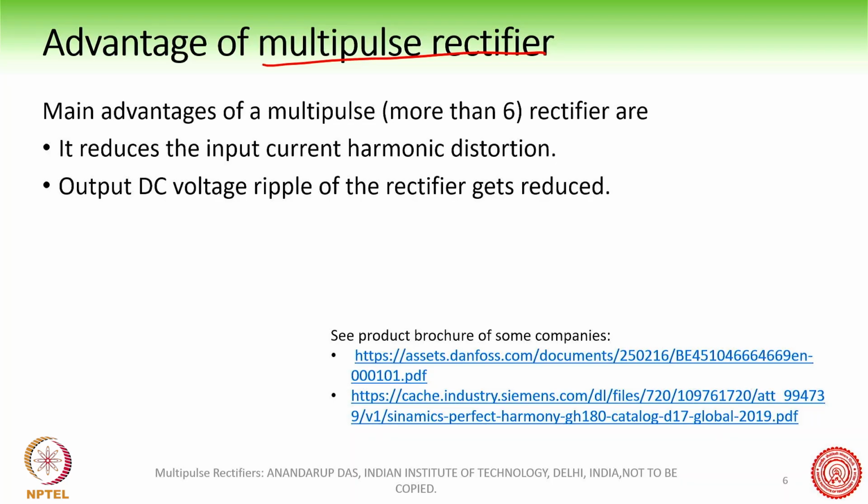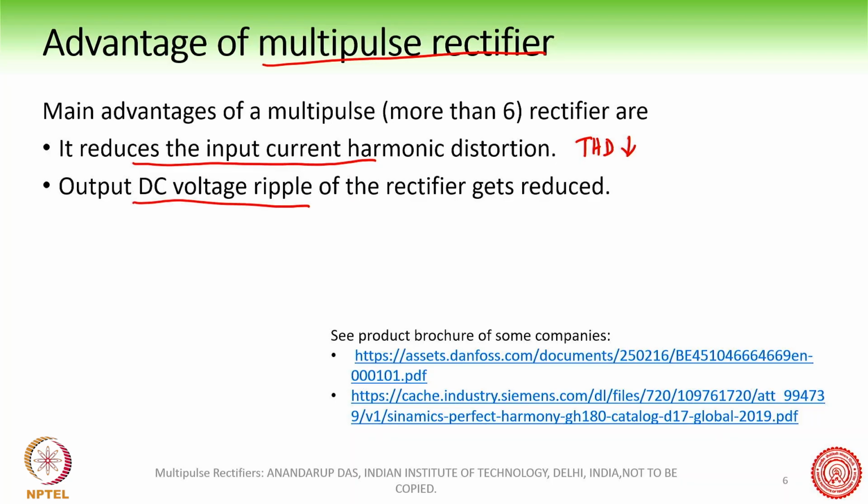Okay, so what is the main advantage of a multi-pulse rectifier? Number one is that it improves the input current harmonic distortion, which means that the THD will go down. That is one of the advantages on the input side. But it has another advantage, and this advantage is that the output DC voltage ripple of the rectifier gets reduced, right?